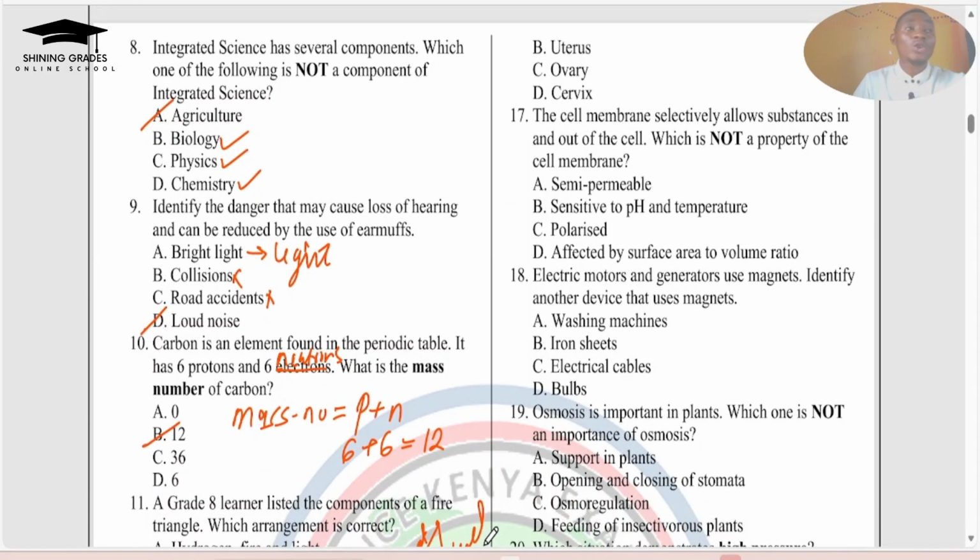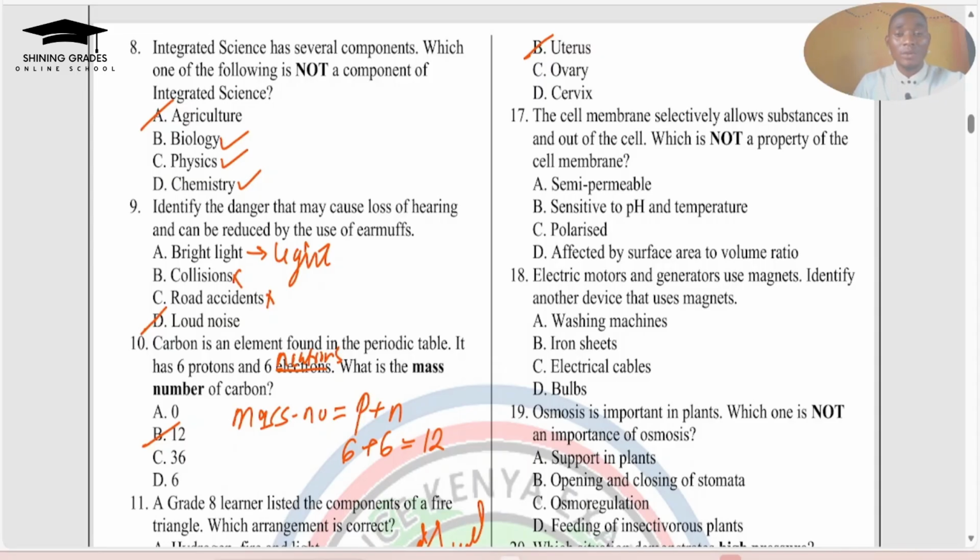Learners, the one that nourishes, to nourish is to allow supply of nutrients to the developing zygote. So the uterus is the one that has the endometrium that allows the supply of nutrients to the zygote. So the correct answer is uterus.